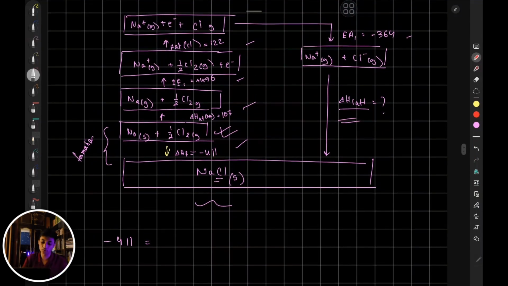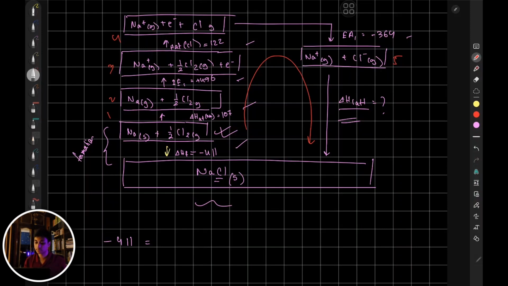The indirect approach is going to be somewhat like this, right? You're starting off with the elements and then you're going back to the ionic compound through 1, 2, 3, 4, 5.